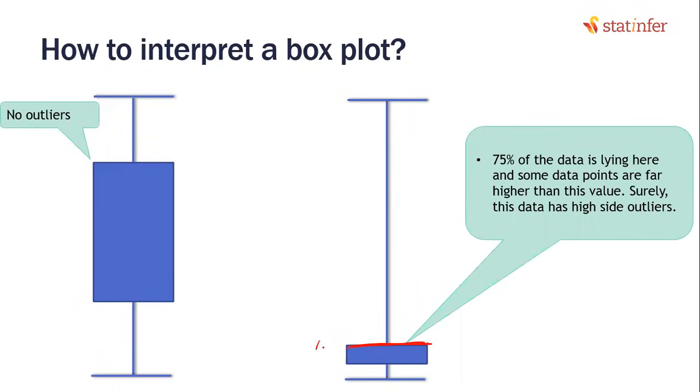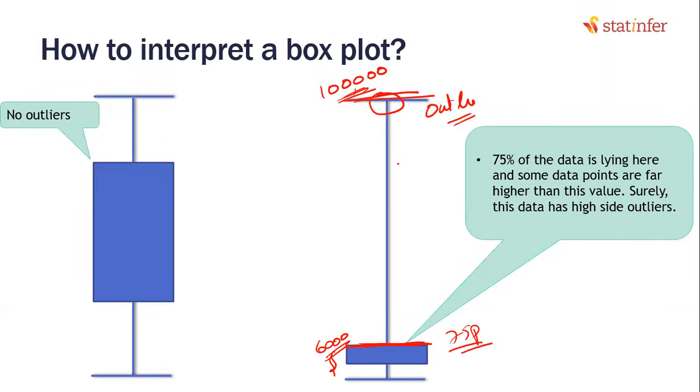If you're taking income, let's say 6,000 is around 75 percentile. 75% of the people are earning less than 6,000. But if you see the maximum value, it is going until 1 lakh. Compared to 75% of the people, these people are earning a very, very high amount. That means these are considered as outliers.